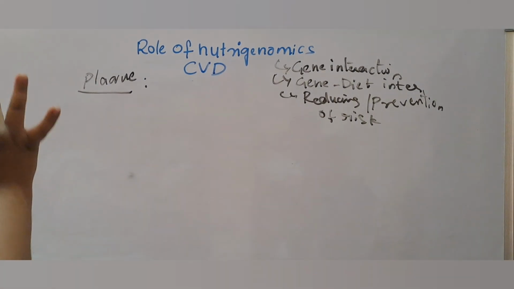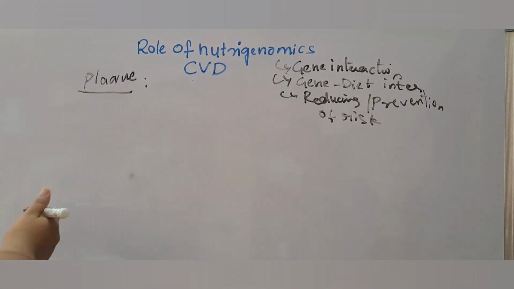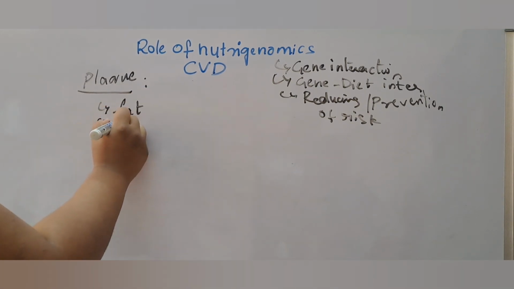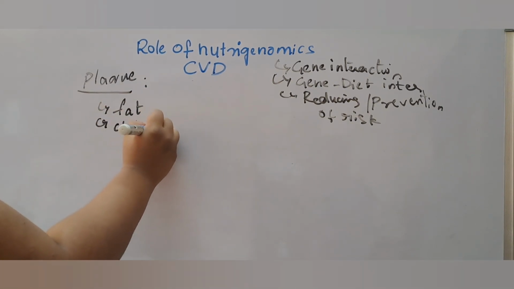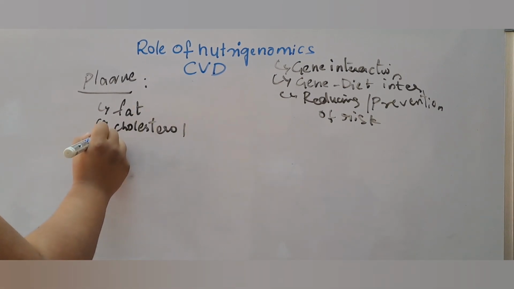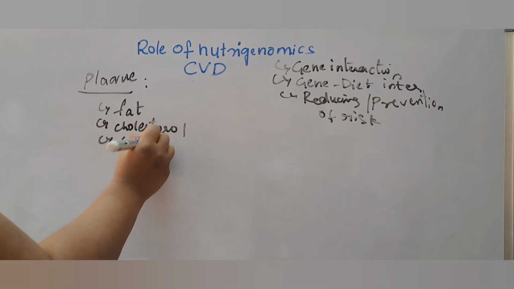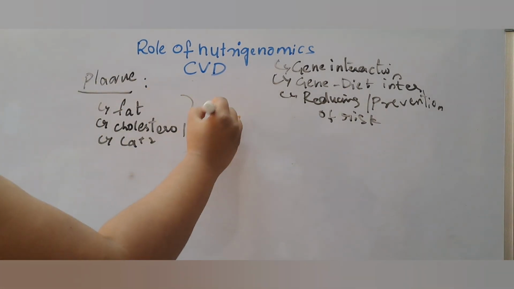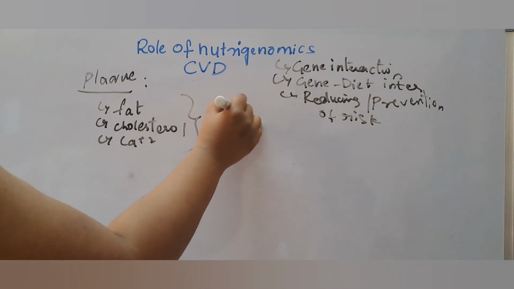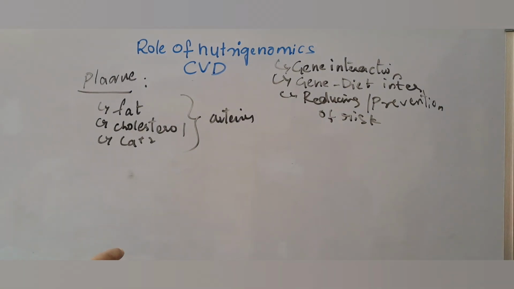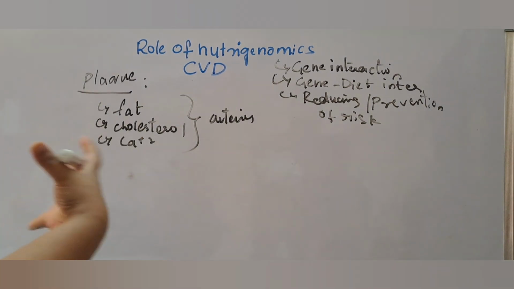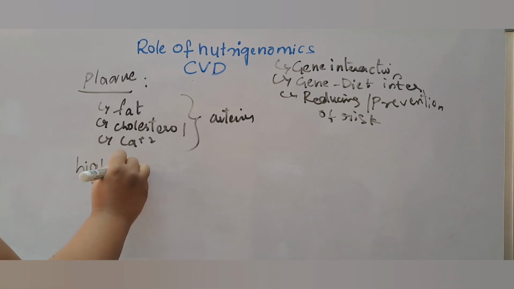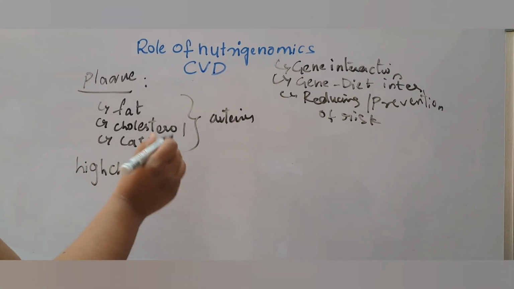So how is this plaque formed? It is a sticky substance made up of fat, cholesterol, calcium and other materials which build up in the arteries. This is mainly due to the development of high cholesterol. So why is this developed?